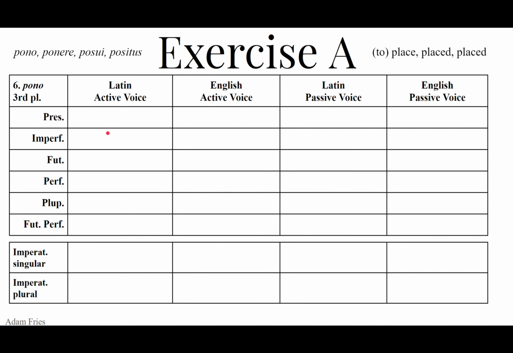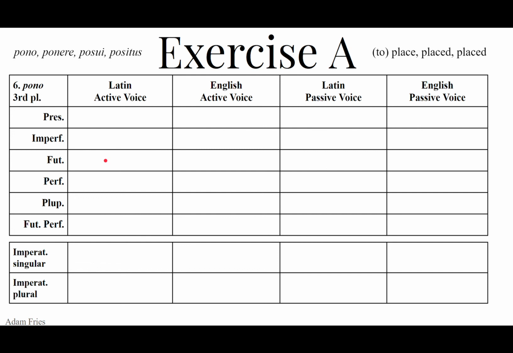The imperfect adds an E between the stem and the ba, so ponebant. They were putting, they were placing. The passive, ponebantur, they were being placed. The being is important. The future active, no bo, bi, bu.